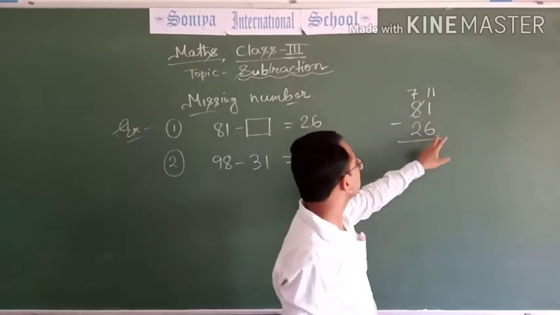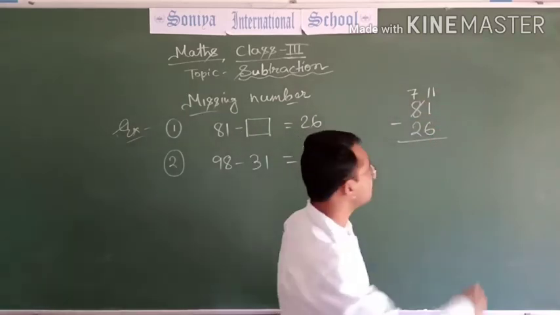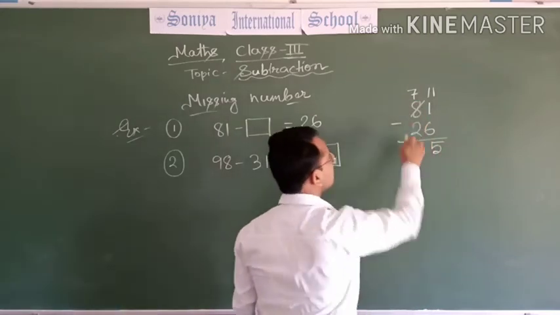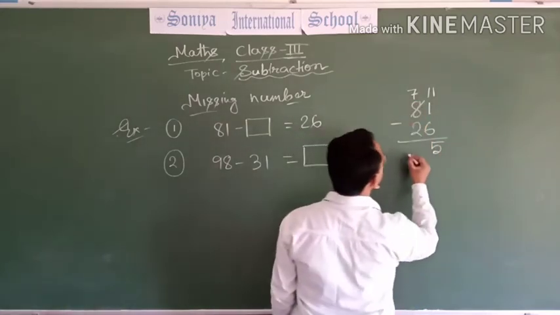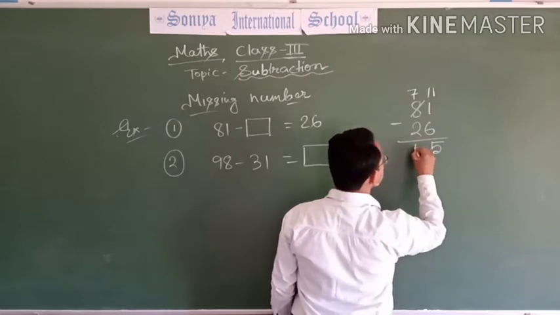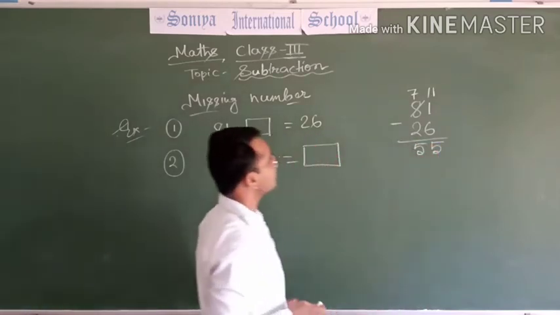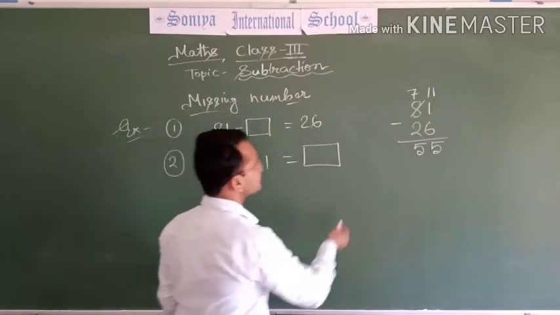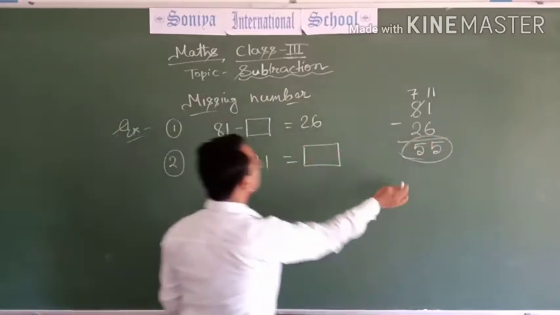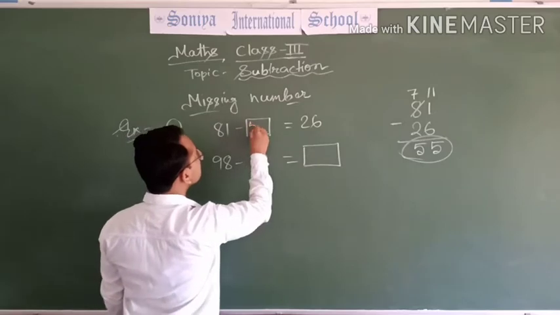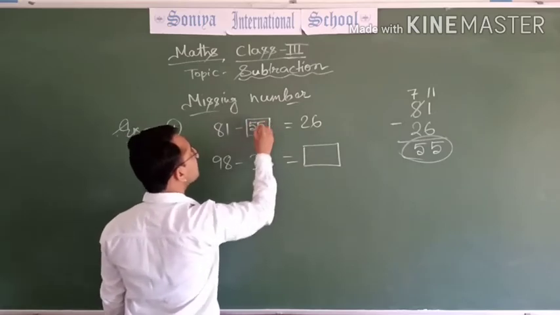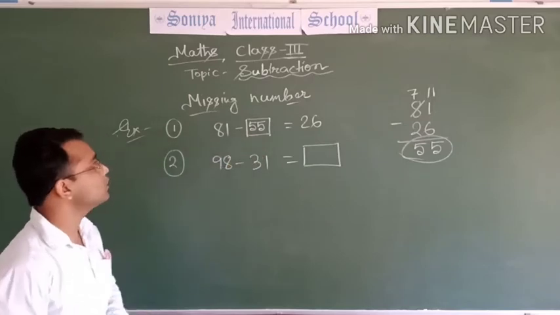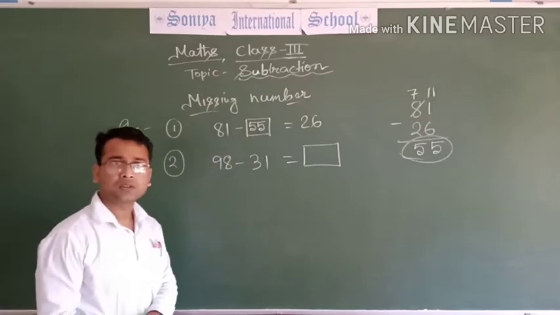So 11 take away 6 is equal to 5, and 7 minus 2 is equal to 5. So the answer is 55. Put 55 here. Is that clear? So 81 minus 55 is equal to 26.